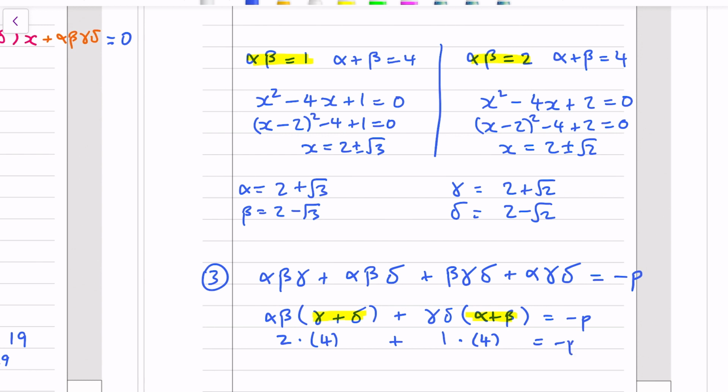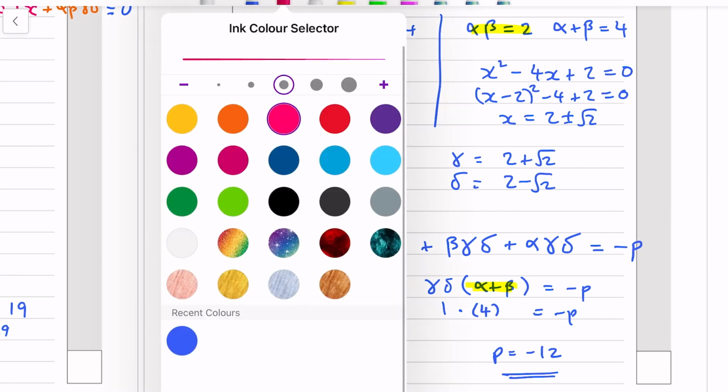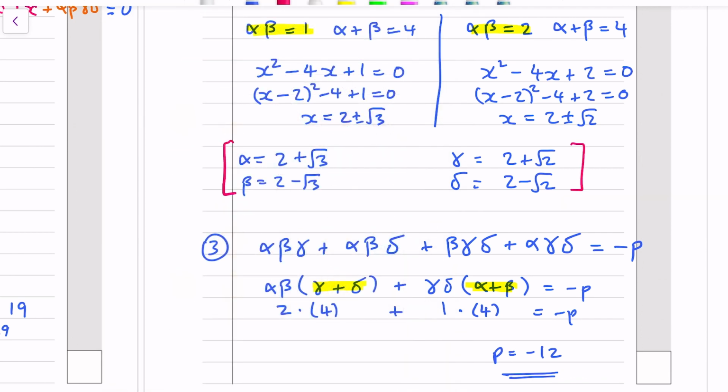So that gives us 2 times 4 is 8 plus 4 is 12, so p equals minus 12. And like I was saying, if you take this value of p, put it into the polynomial solver, and solve the quartic, you should get the 4 roots that we've already found here. Alrighty, catch you in the next video.